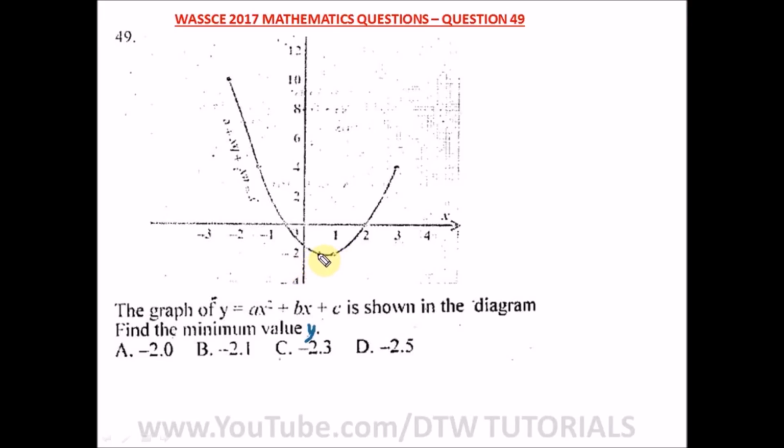You can see this point is exactly on 2, but you know that the curve dipped a bit below 2. So my best bet from these answers, it can be 2.5, it can be minus 2.3, it is definitely minus 2.1, because it's just a little bit below minus 2. So our right option here is option B.